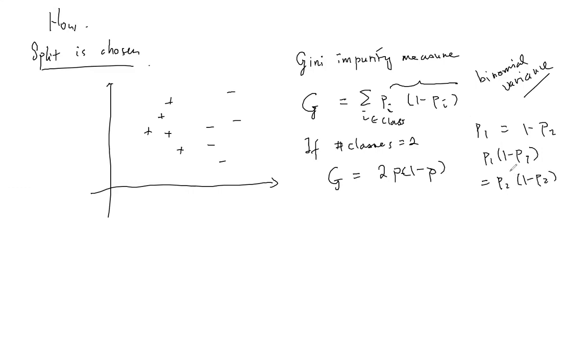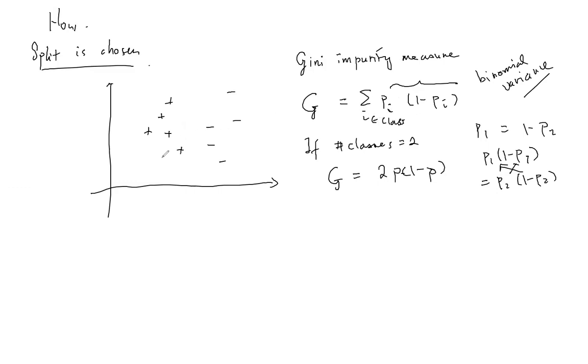So you sum and you get 2 times that. Otherwise, it is just this. So it's very easy to remember: Gini impurity is basically a binomial variance kind of sum, summing over all the classes.